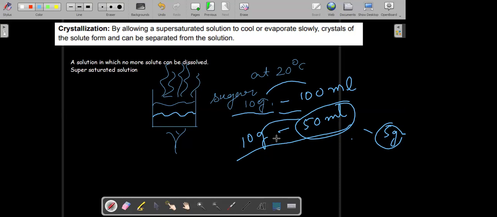And now if you want to separate out these substances, you can form crystals. If you cool it down, its solubility will reduce. When the solubility reduces, the copper sulfate particles or whatever substances are there will separate out from the solution.